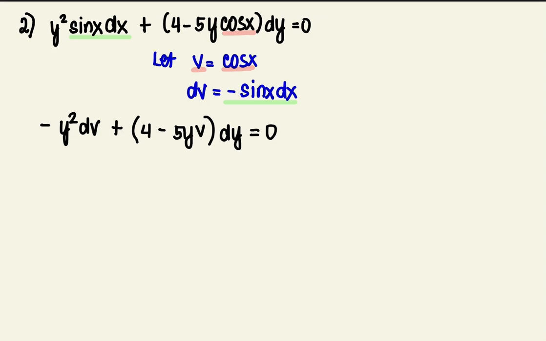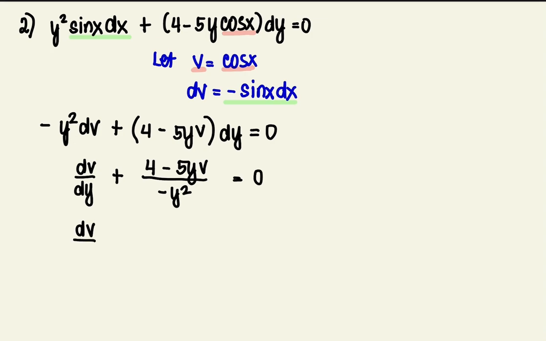If we divide both sides by y squared dy, then we have dv over dy, that's negative, so plus (4 minus 5yv) over negative y squared equals 0. So dv/dy minus 4 over y squared, or that's plus 5v over y equals 0.